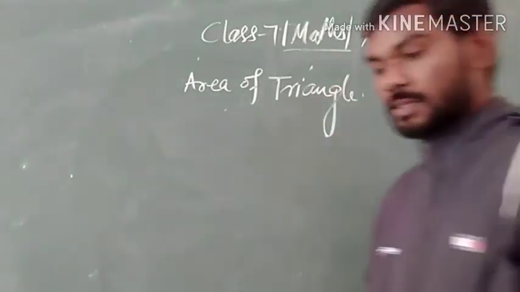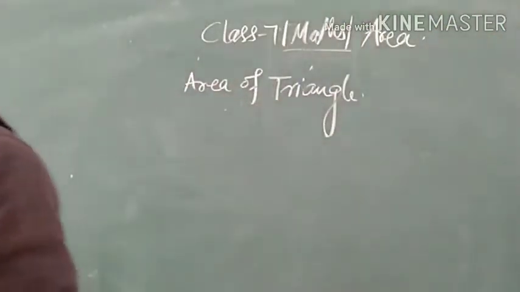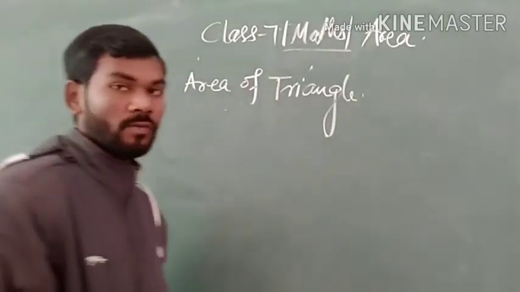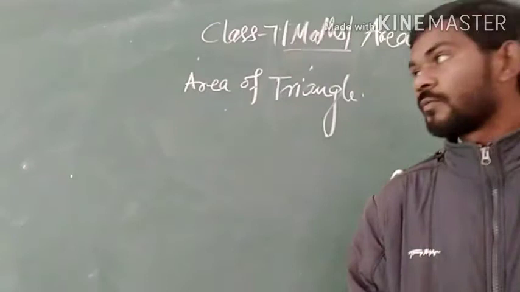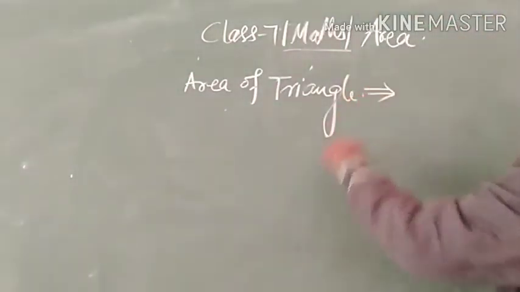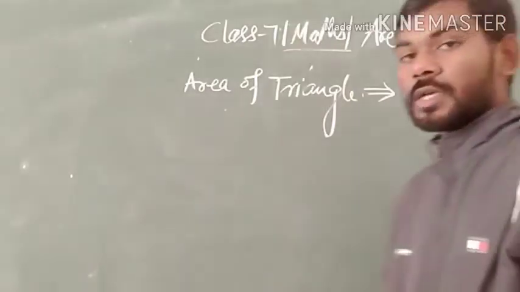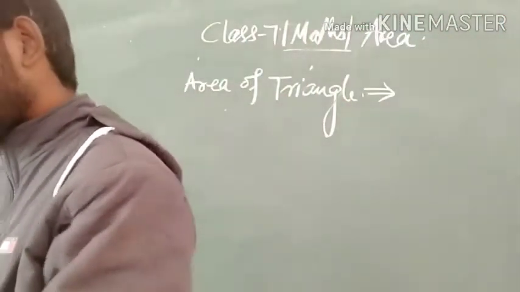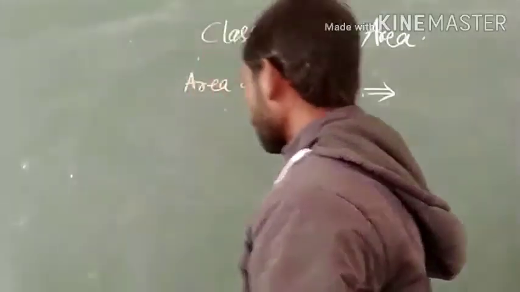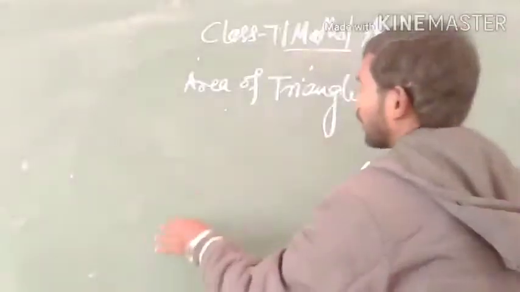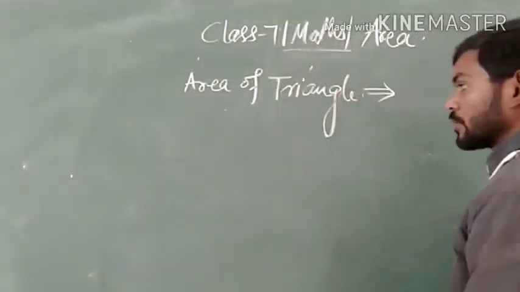Today we shall discuss the area of a triangle, and we also try to find out the formula through which we shall find the area of a triangle. So, in order to find the area of a triangle, we start from the area of a parallelogram.